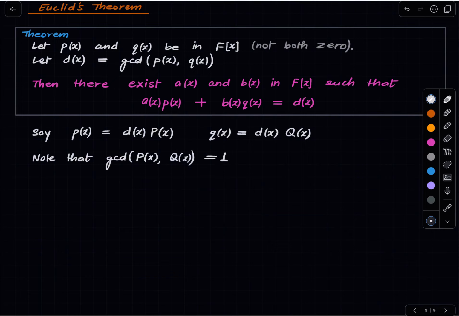So just justify this for yourself and apply Euclid's theorem. If you apply Euclid's theorem for relatively prime polynomials, which we have proven, to capital P(x) and capital Q(x), you will be proving this. So I'll leave the details for you to fill in.